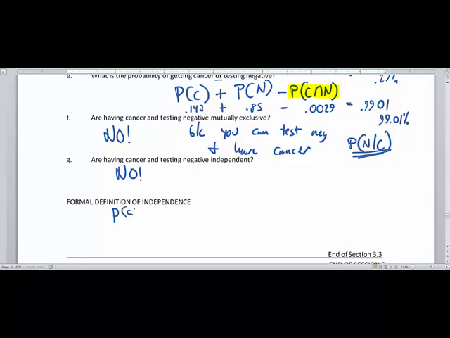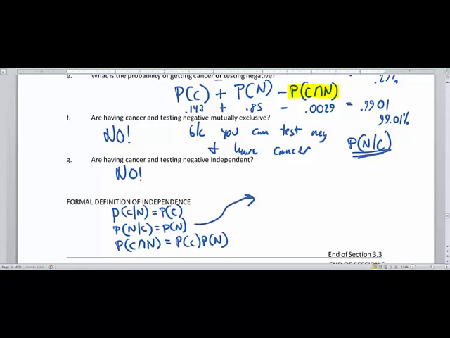The probability of C given N would have to equal the probability of C. The probability of N given C has to equal the probability of N. And the probability of C and N has to be the same as the probability of C times the probability of N.